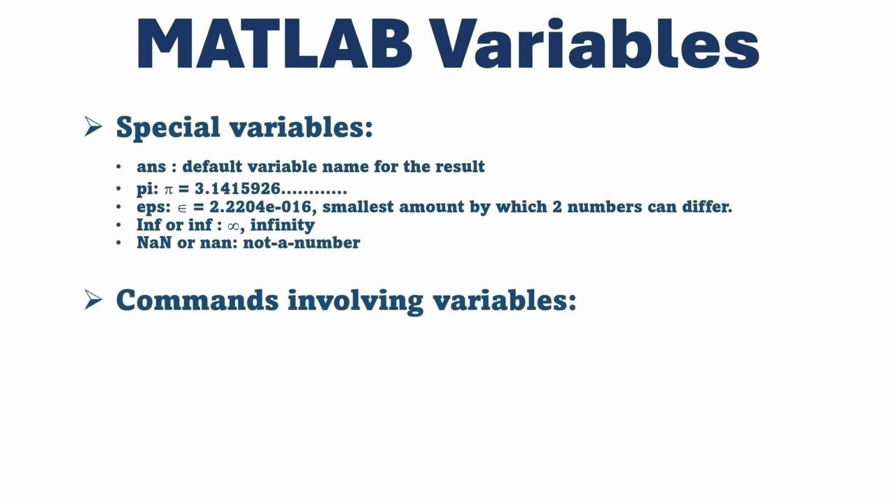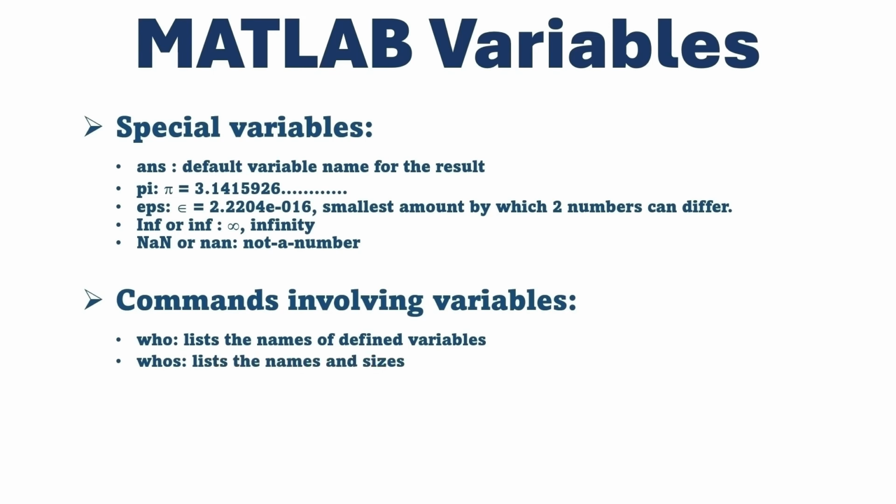There are a few commands involving variables. If you enter these commands in the command window, they fall under some of the variable types. who is one of them. When you type who, it lists the names of the defined variables. If you have defined 10 variables, it lists the names of all 10.